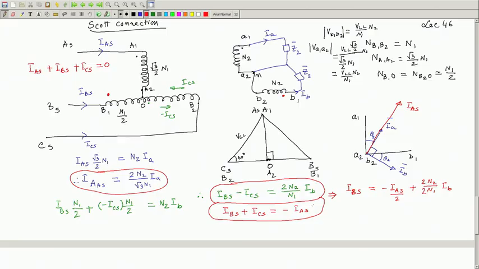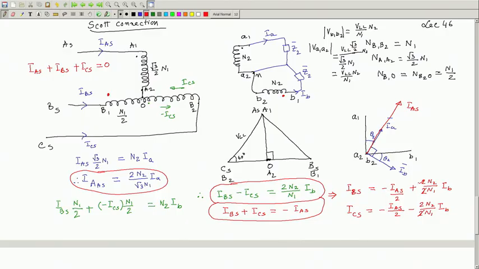And similarly, if you subtract this and this, you will get I C S: 2 I C S is equal to minus I A S, this minus 2 N 2 by N 1 into I B, by 2. So, this 2 goes.